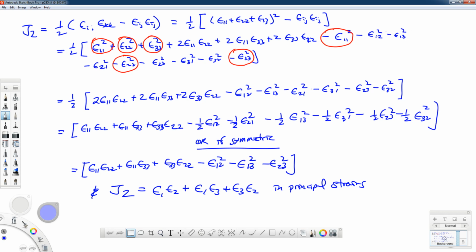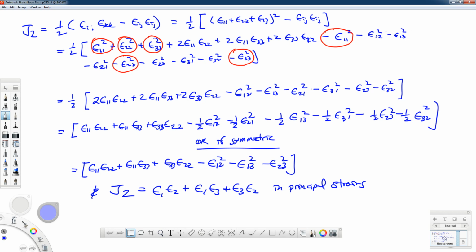And then we have shear terms that are negative, and so we have minus 1/2 these various shear terms. And I'm writing this in a non-symmetric version, but if we change it to a symmetric version, we get the next line below. And then we have an expression for J2 in terms of principal strains. I'm going through this kind of quickly, but this is just tons of algebra.